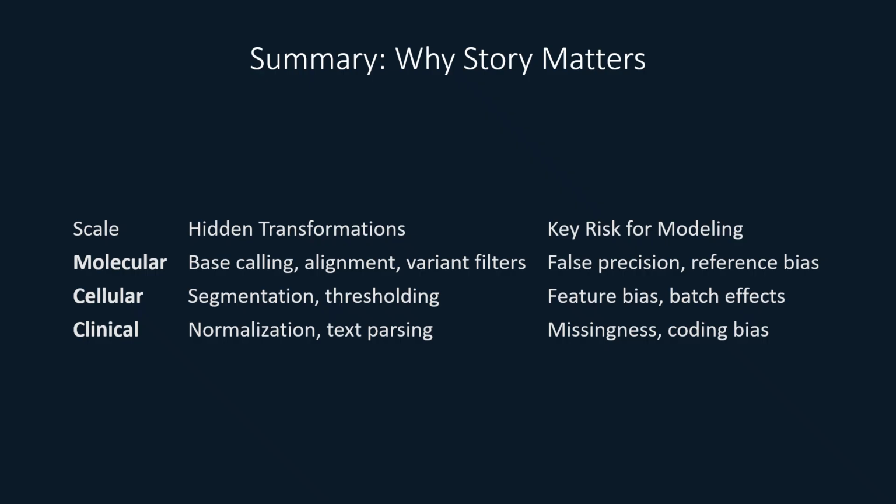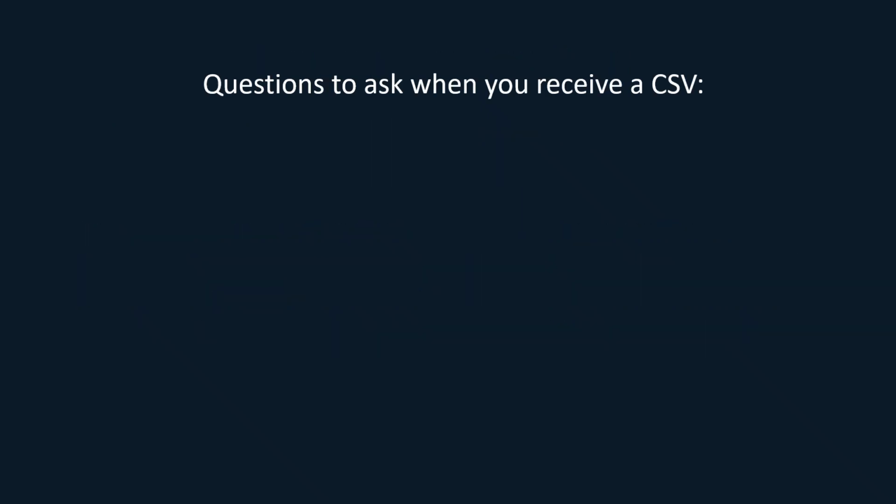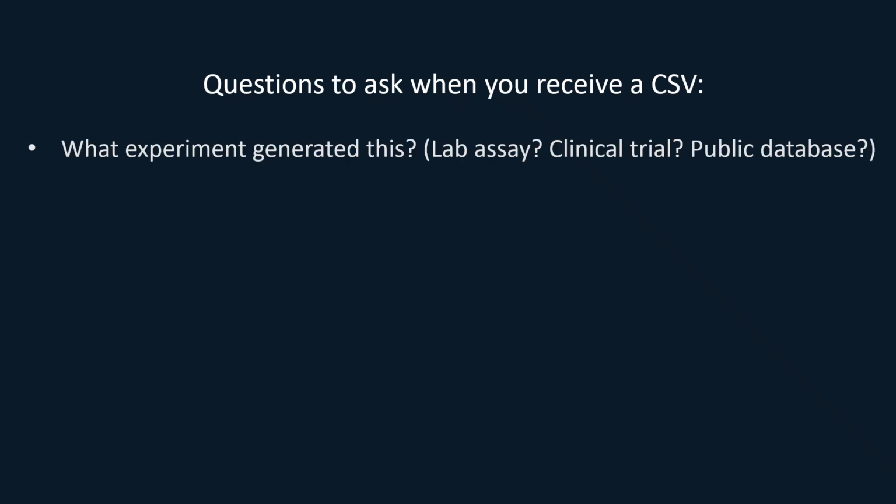That's why robust modeling in biology starts with the data story. Let's see some questions you need to ask. When someone hands you a CSV, these are the first questions to ask. What experiment did it come from? What filtering has already happened? How many samples were lost at each step? Are there batch effects?